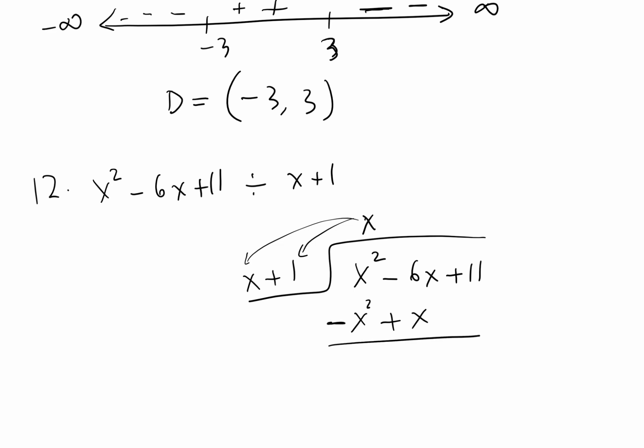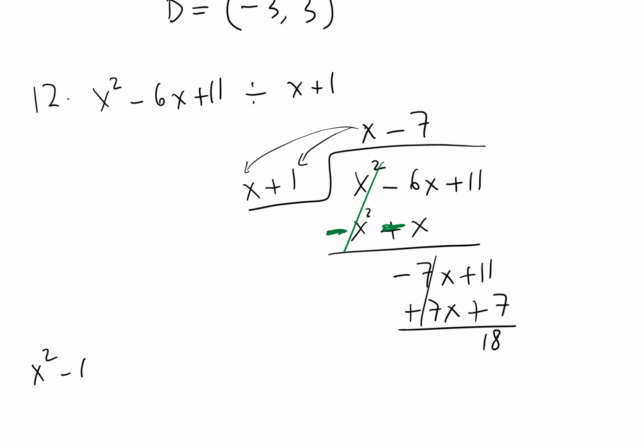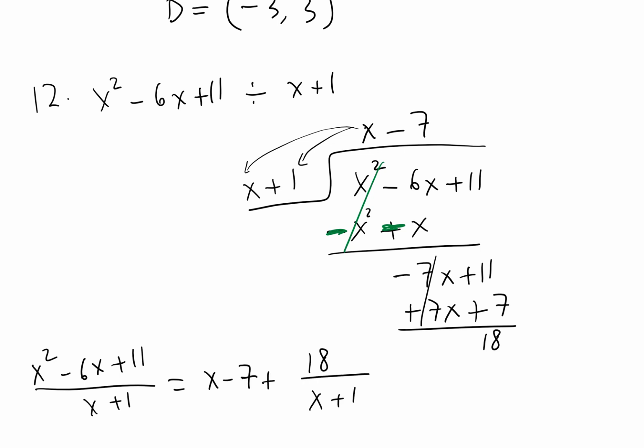Switch the signs and add them up. Then -7, minus 7x minus 7. Switch the signs and add them up. So you can write it, if you like, that this thing divided by x plus 1 is equal to the quotient plus the remainder over the divisor. That's for number 12.